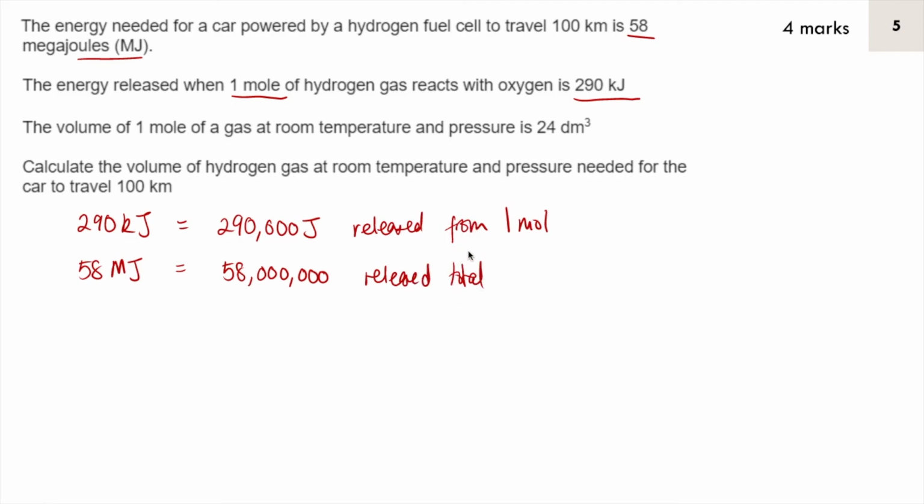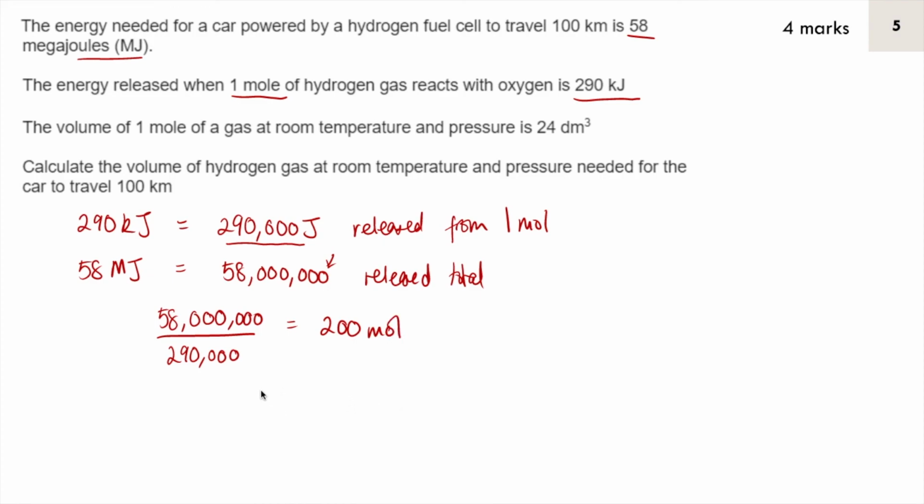So to find out the number of moles, we just need to find out how many times this number goes into the bottom one, and that will tell us how many moles were reacted. So we're going to do 58 million divided by 290,000, and we get 200 moles were reacted.